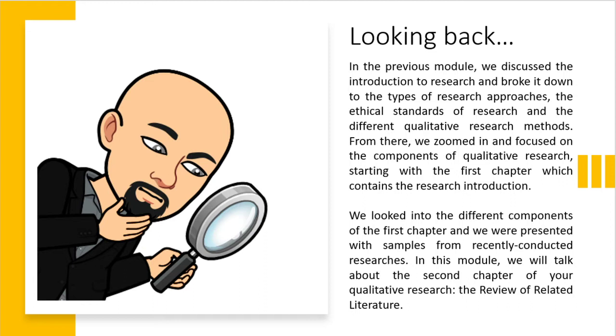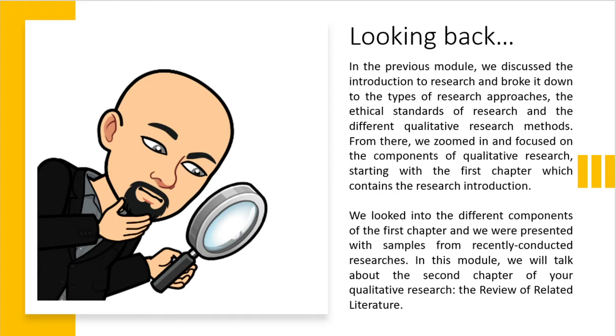From there, we zoomed in and focused on the different components of qualitative research, starting with the first chapter, which contains the research introduction. We then proceeded to looking into the different components of the first chapter, and we were also presented with samples from recently conducted researches.